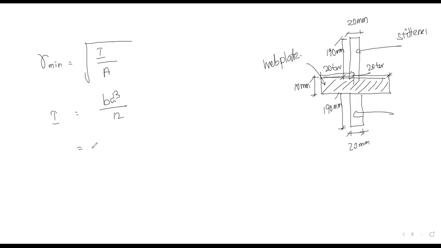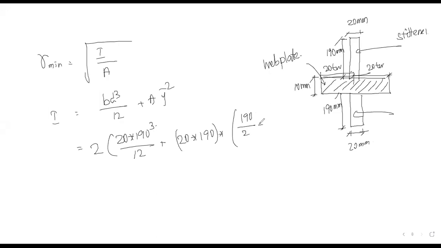So 2 into 20 into 190 cube divided by 12 plus 20 into 190 into the centroid, that is the area A times y bar square. 20 into 190 into (190 divided by 2 plus 10 divided by 2) the whole square.